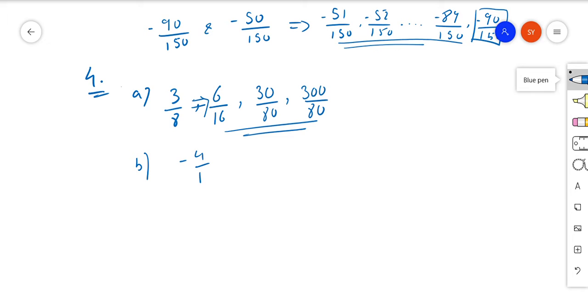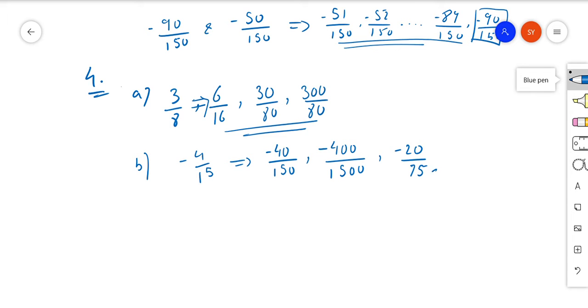Second, B, minus 4 by 15. Again I'll multiply it by 10, so it will become minus 40 by 150. I can multiply it by 100, minus 400 by 1500, and I can multiply it by, say for example, 5, and it will be minus 20. 4 5s are 20, and 15 5s are 75.